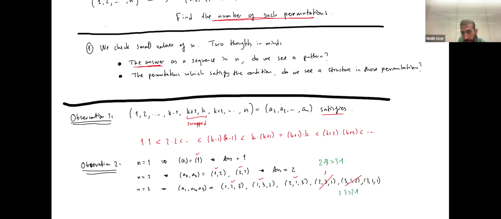Do you see? Who will tell me? 1 times 3, 2 times 2, this is good. But 2 times 2 is more than 3 times 1. So the answer is 3.